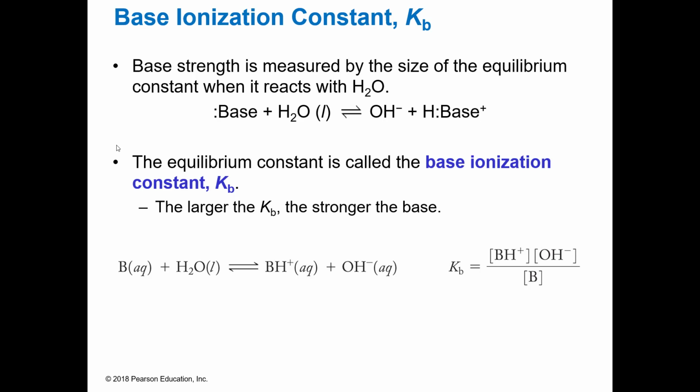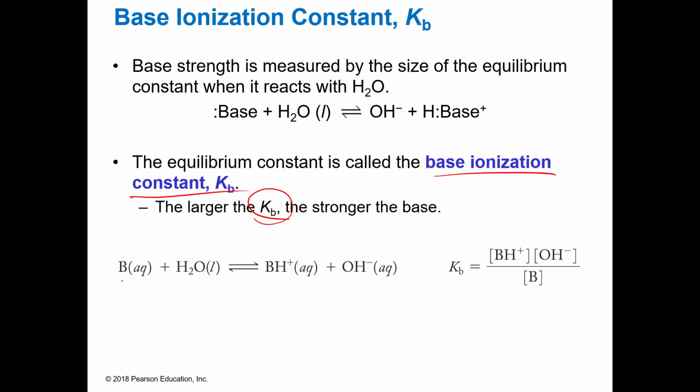So what we do is we have the base ionization constant Kb, and these Kb's have the same relationship as you saw before. If you have the Ka, if you divide 1 times 10 to the minus 14 by the Ka, that'll give you the Kb. All right, because acid and base are just the opposite in aqueous solution.